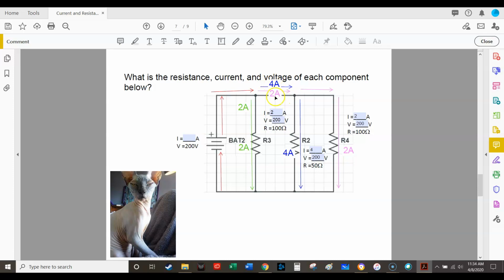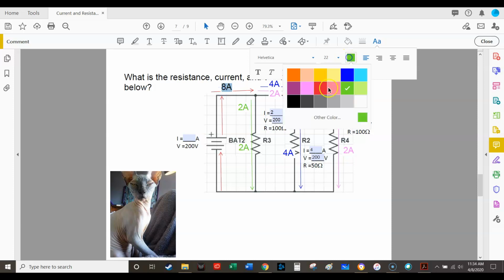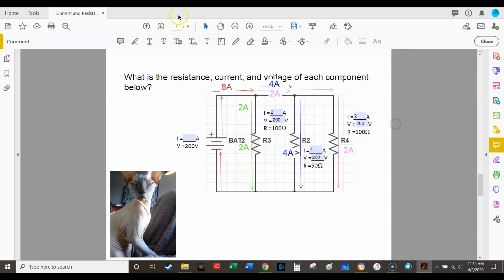Well, that means 4 plus 2 plus 2 is 8. That means red, and I'm going to copy this over to make it easier, is going to be 8 amps, and that's red. That means red coming in has to be 8 amps, right?